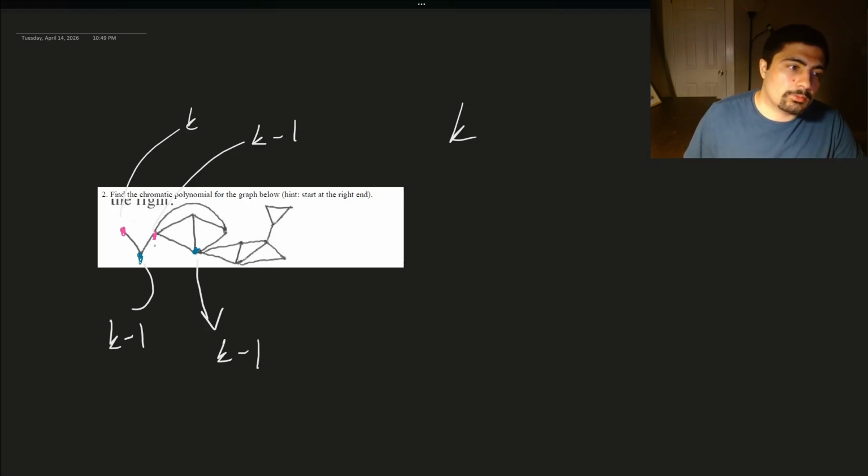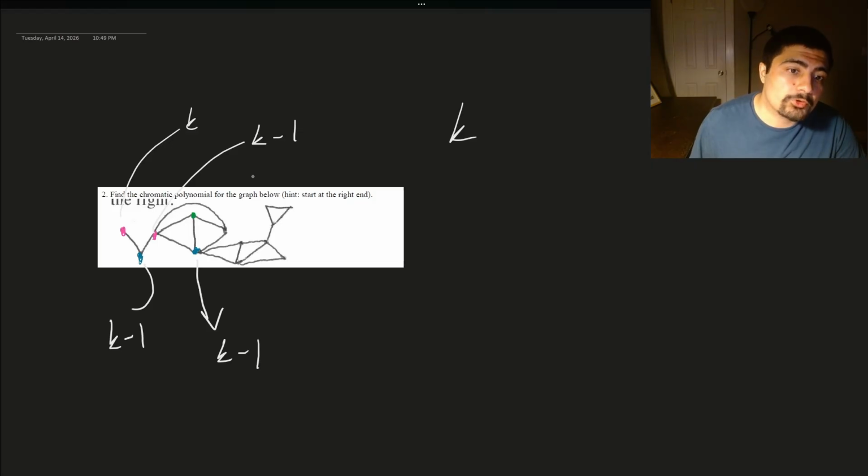Look, both pink and blue are adjacent to this vertex. So what can I do here? I have to use another color, and that color is going to be green. It could be anything, basically.